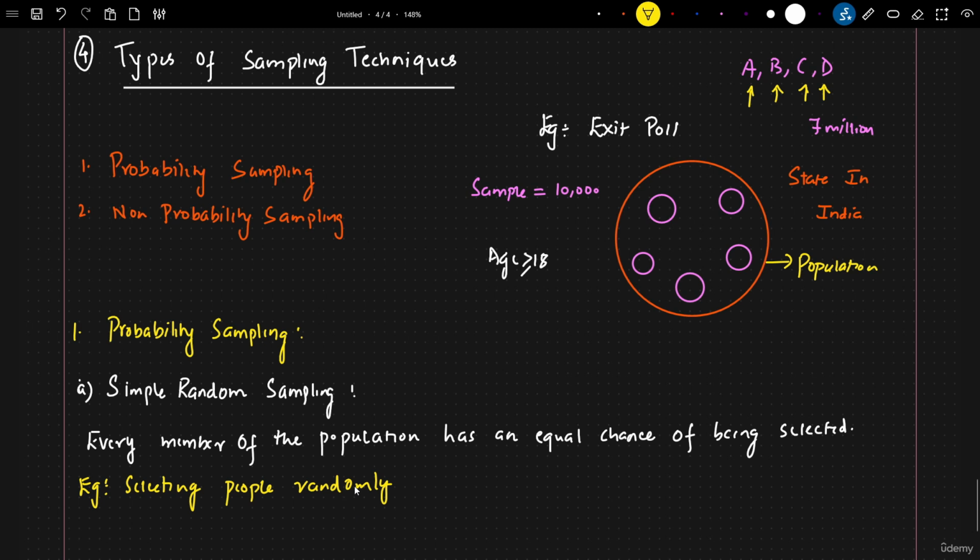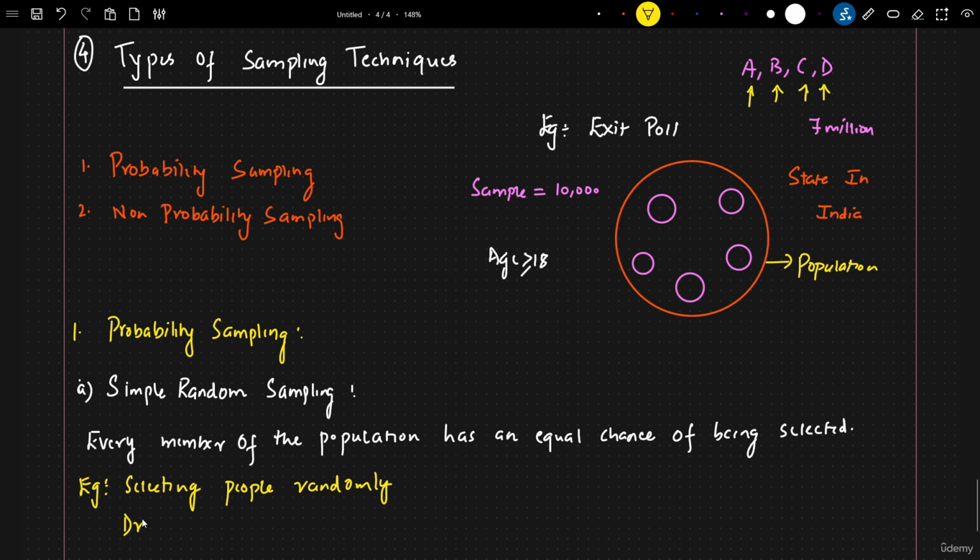Another basic example: let's say there is a classroom which has a lot of students, and I have all the names of the students on chits.